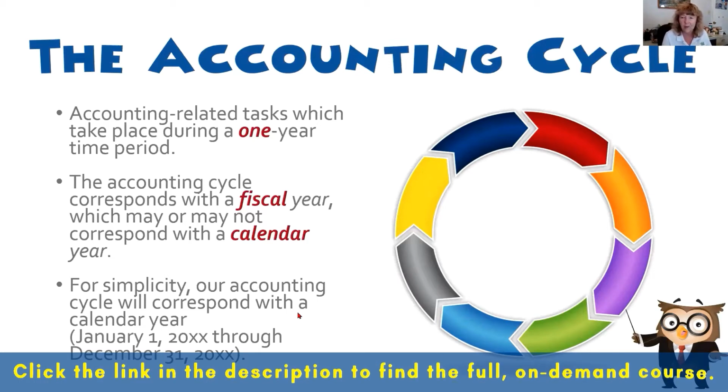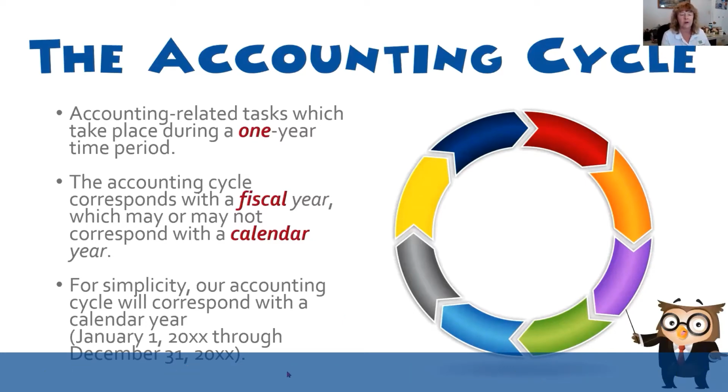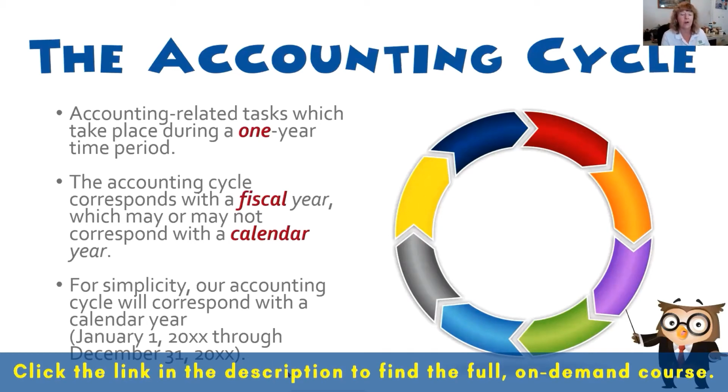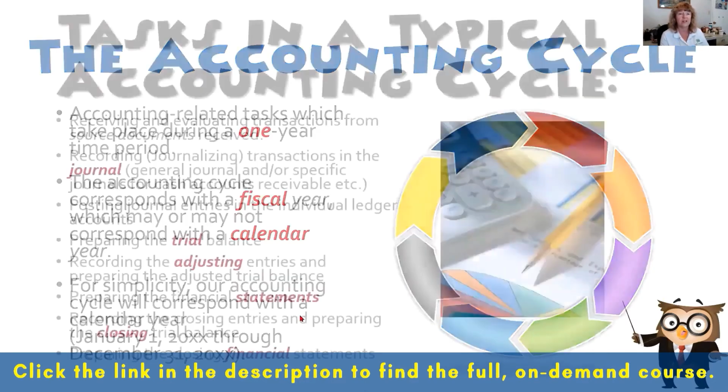So that was one thing I had to figure out to do early on. So anyway, just understand we're going to be working with a calendar year, which is going to double as our accounting cycle for the purposes of what we're doing. But that may or may not be the case with all the companies that you work with.